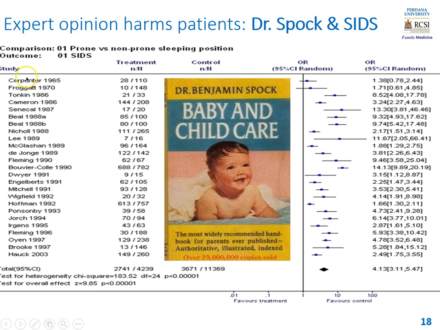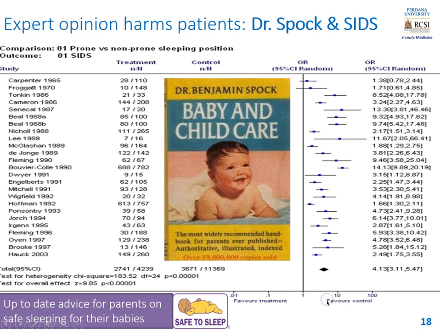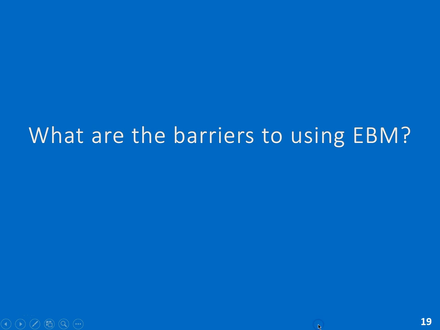And this shows all of these studies disagreed with Spock, and they were all significant apart from the first two. But the summary, pooled point summary, shows that Dr. Spock's suggestion that babies should lie on their tummy was incorrect and may be linked to a likelihood of sudden infant death syndrome. We now know that the opposite is the case, and babies should lie on their back.